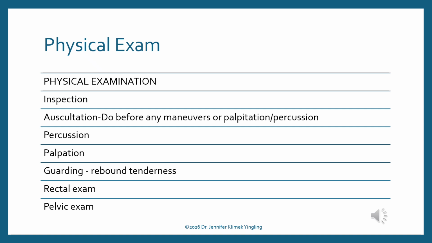So that's why you're going to inspect, auscultate, and then do any type of maneuvers. You're going to note any guarding or rebound tenderness in the abdomen. If the patient needs a rectal exam, then that's something else that needs to be included. And in your women of childbearing years, or with someone that you're worried about a pathology for an ovary, a pelvic exam also may be warranted.